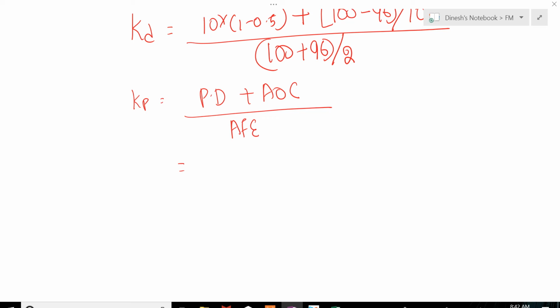What's the amount of preference dividend? 5. 5 plus, I've done this multiple times, so I'm not explaining in detail.